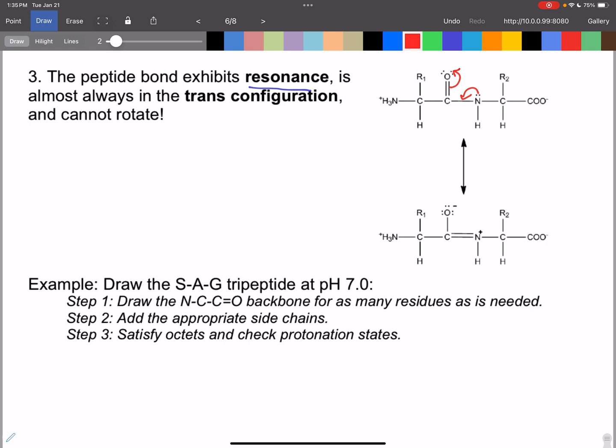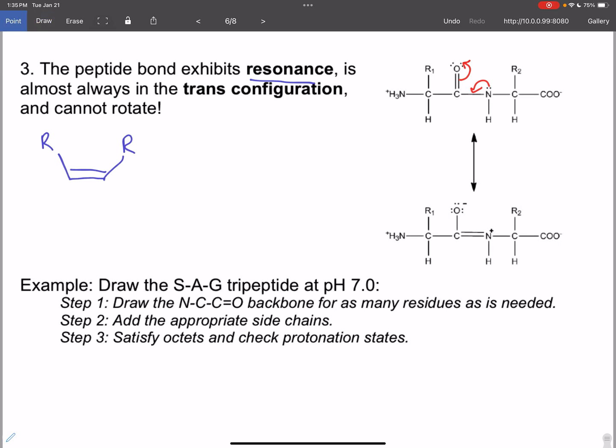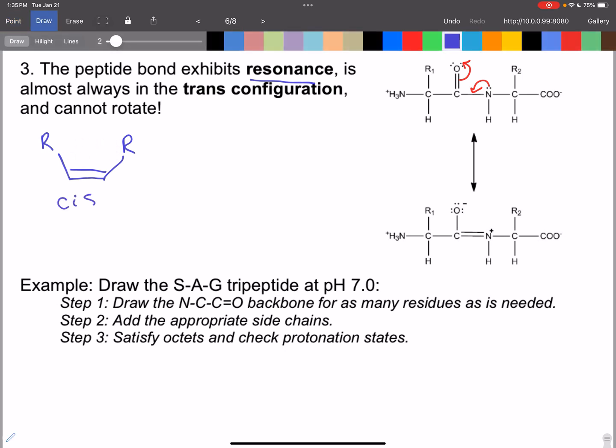So for example, we could have a carbon-carbon double bond. I'm going to show it just as two lines like that. And I'm just going to say that whatever the R groups are, it's unimportant, but they could look like this. And if it's in that orientation, where the two R groups, the big bulky groups, whatever they happen to be, are on the same side of that double bond, we call this the cis configuration.